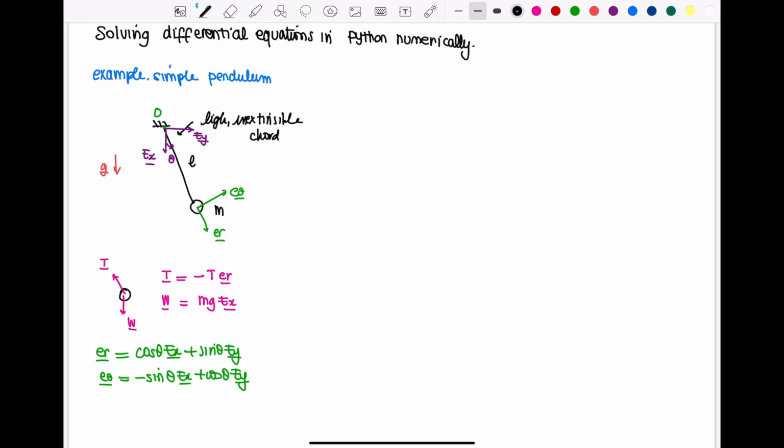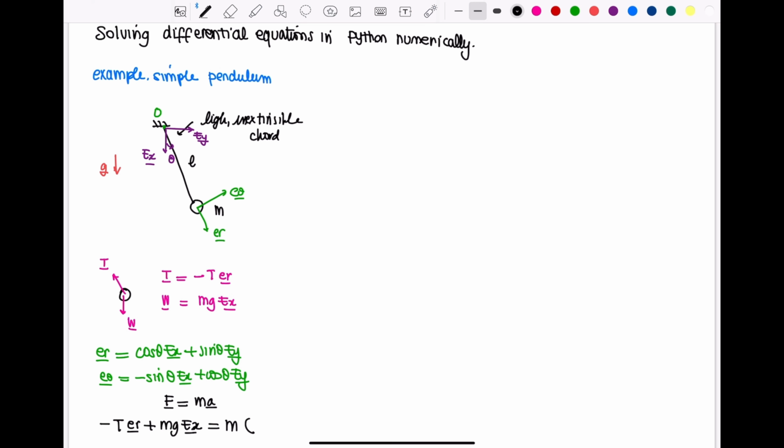So when I write my balance of linear momentum, the balance of forces is equal to the mass times the acceleration. Then that will give me the tension force, minus T E_r plus mg E_x, is equal to m times the acceleration in polar coordinates of this pendulum of constant length.